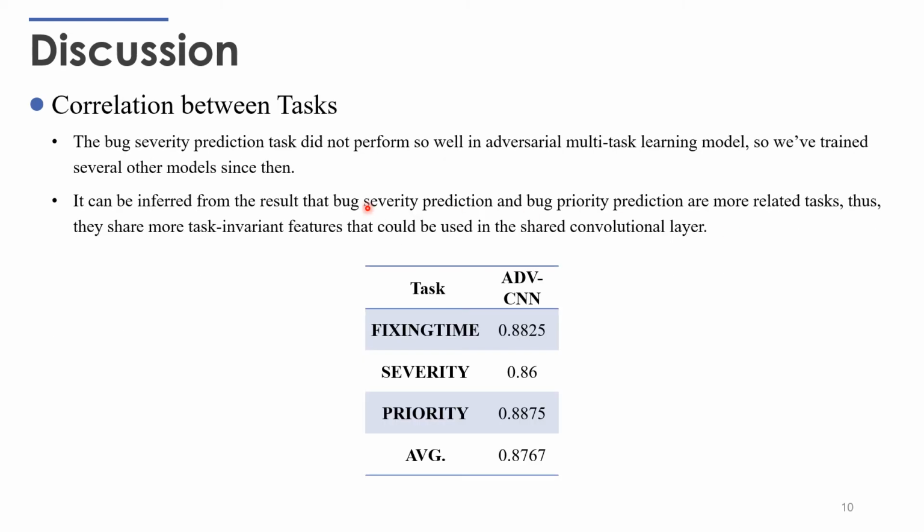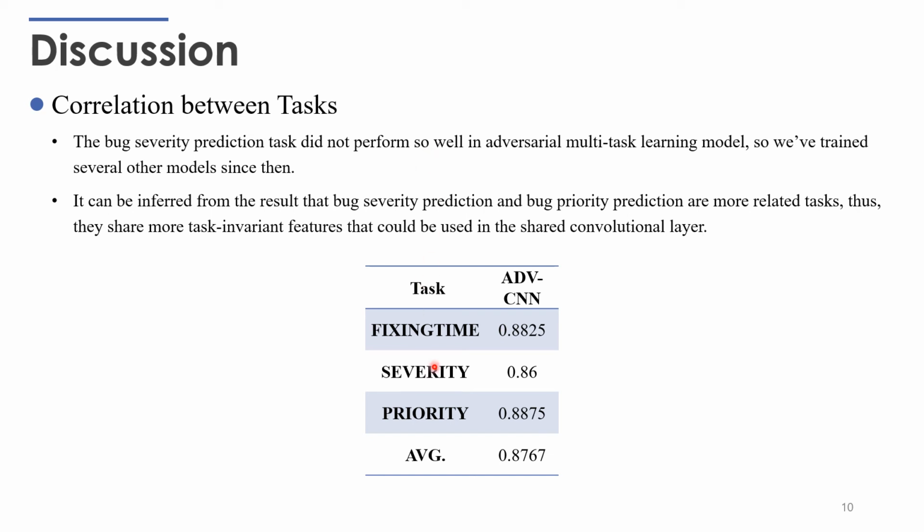Okay, so here is the further discussion. The correlation between tasks. How does the correlation between tasks affect the performance of the adversarial multitask learning model? Okay, so as you can see, the bug severity prediction task did not perform so well in our previous results. So we've trained several other models since then.